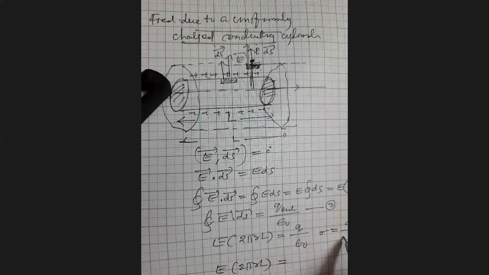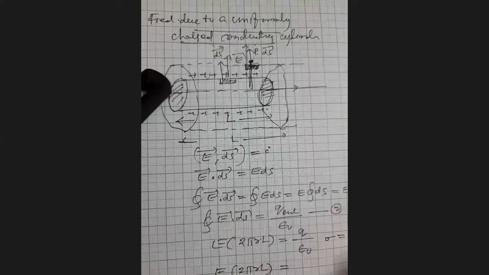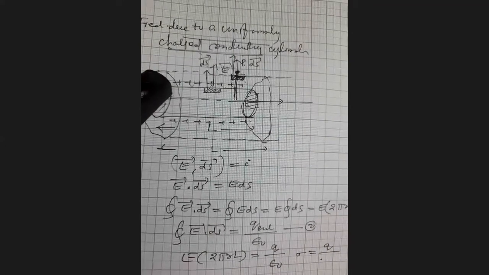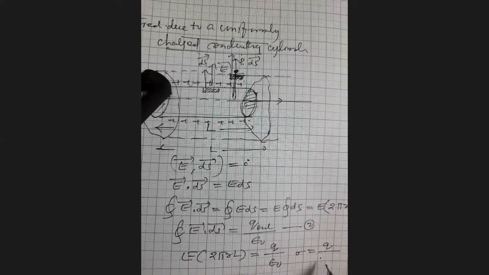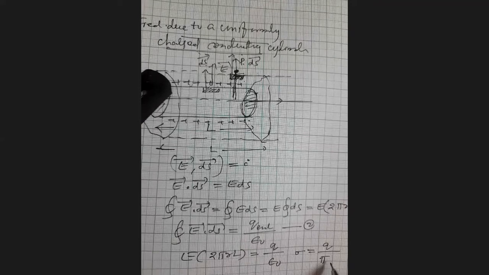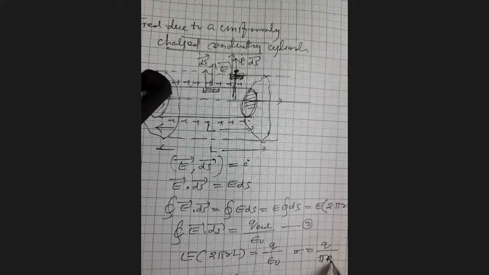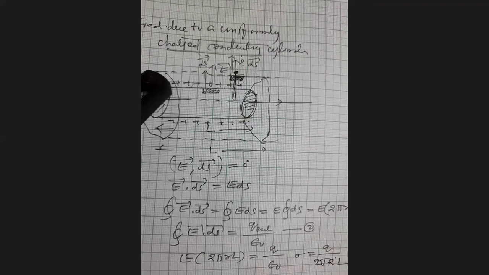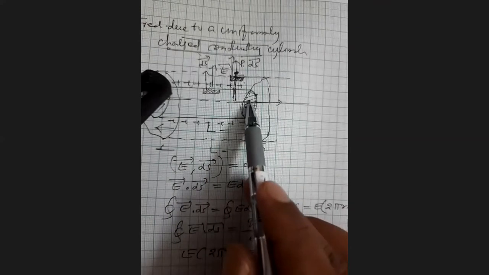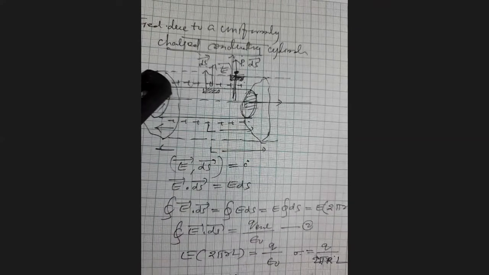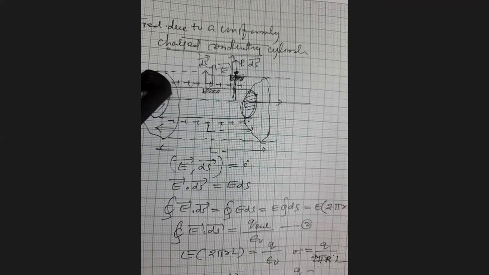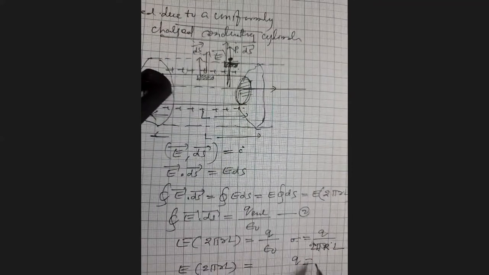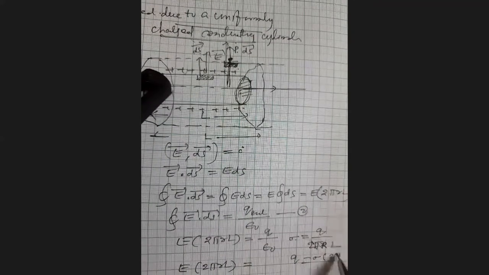What is the surface area of the actual cylinder? 2 pi R L, because the actual cylinder has radius capital R and length L. So sigma equals Q by 2 pi R L. Then Q is equal to sigma into 2 pi R L.